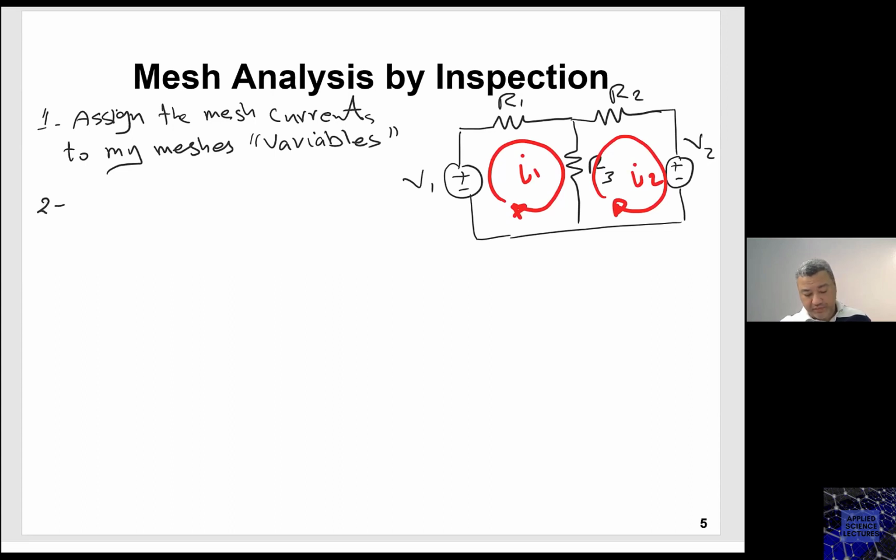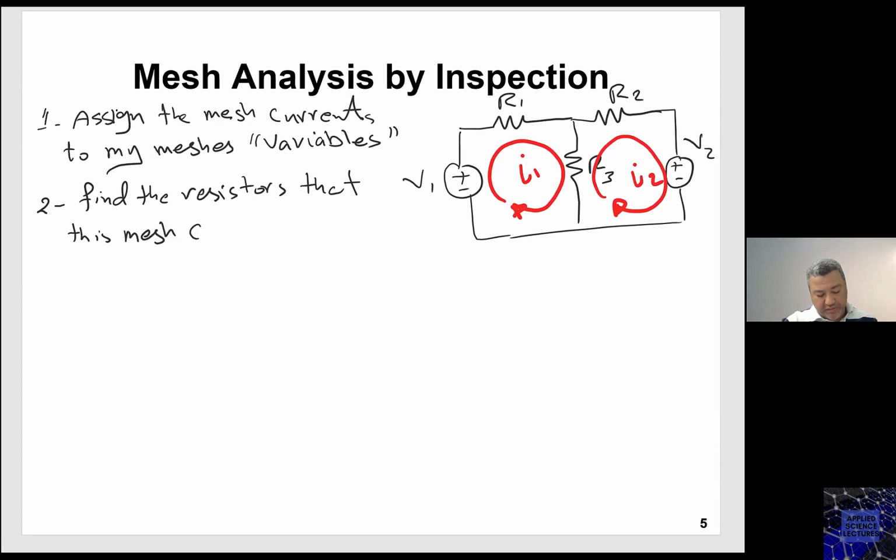Two, find the resistors that this mesh current is going through.